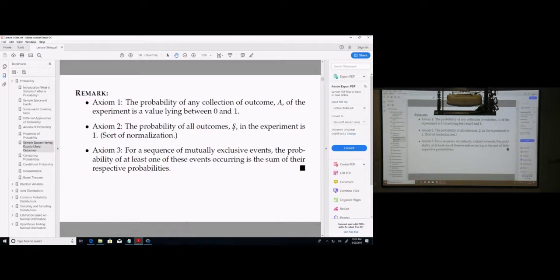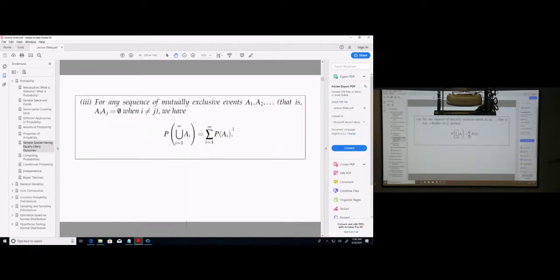Axiom 3: for a sequence of mutually exclusive events, the probability of at least one of them occurring is the sum of their respective probabilities. Axiom 3 says you can either compute the probability as a whole, the union, or do it part by part and then add them up. The two answers should agree, and that is part of this axiom.